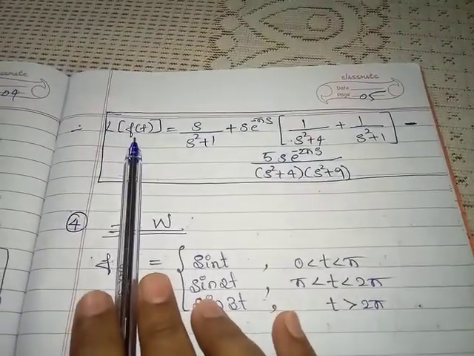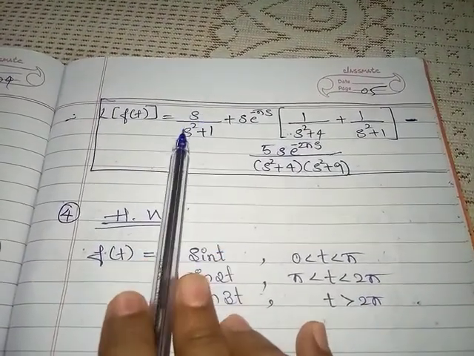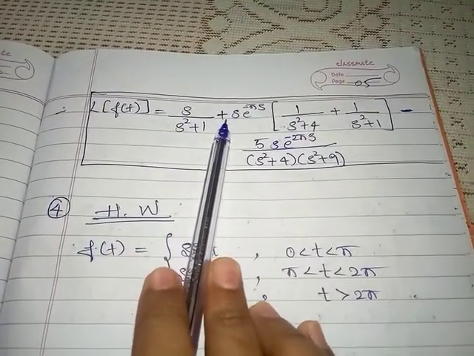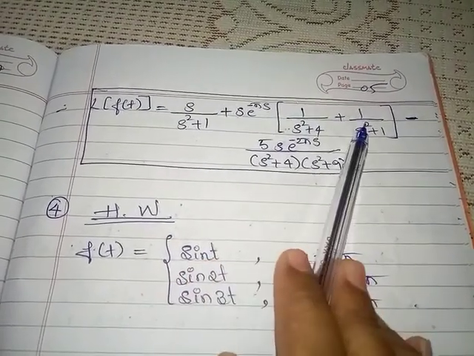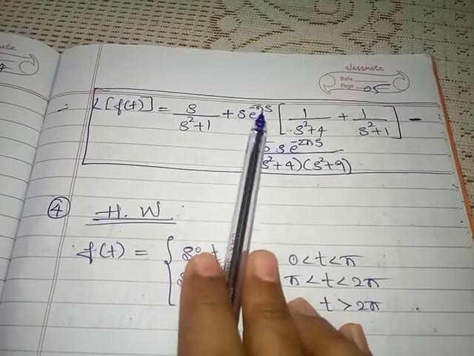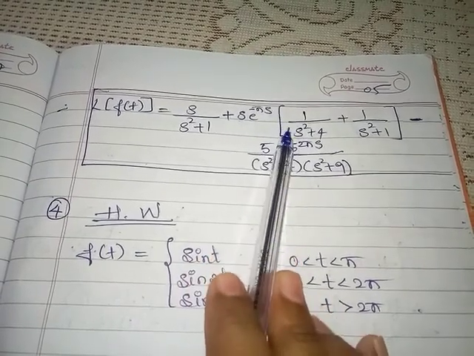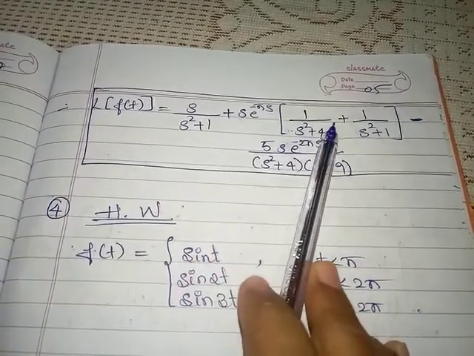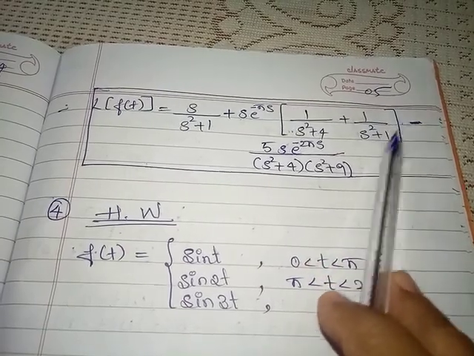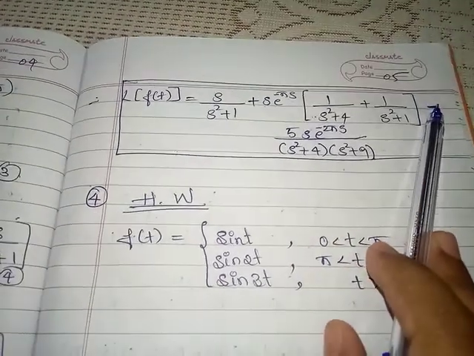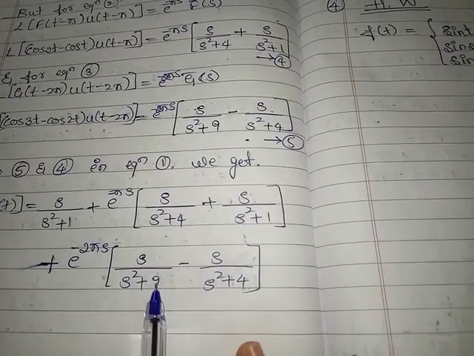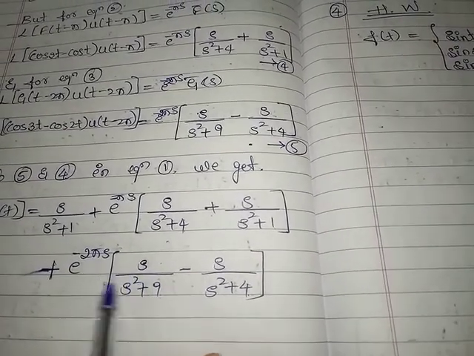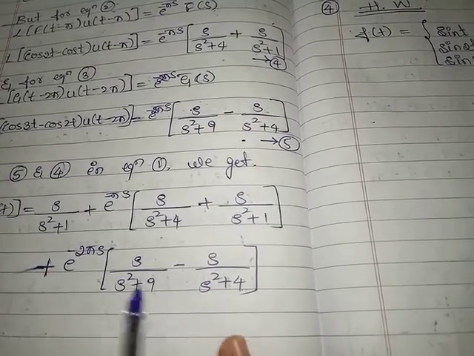the Laplace transform of f(t) is equal to s divided by s square plus 1 plus, we take s common from these two terms, we get s into e raised to minus pi s into 1 divided by s square plus 4 plus 1 divided by s square plus 1 minus, and for the last term also take s as common in these two terms, take the LCM and simplify.